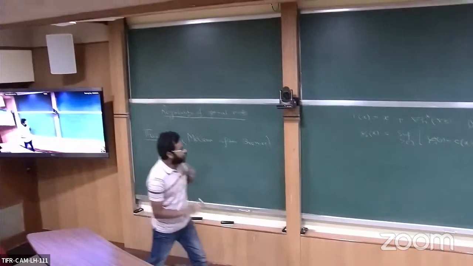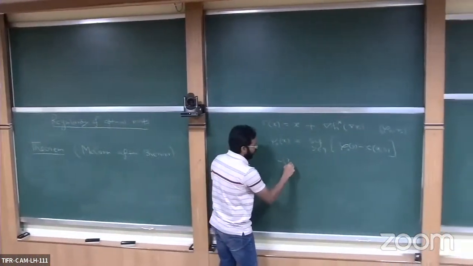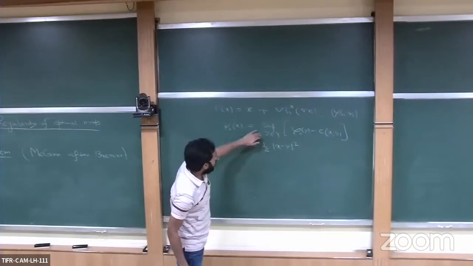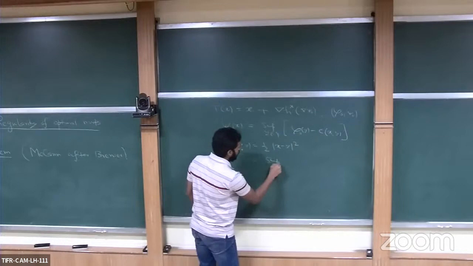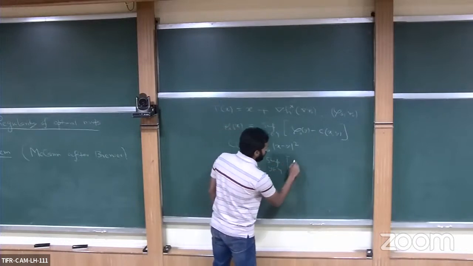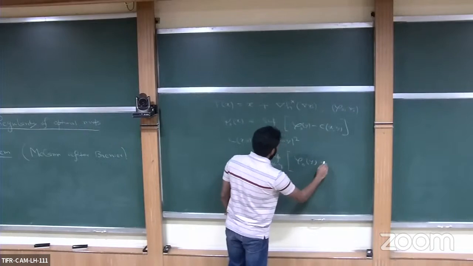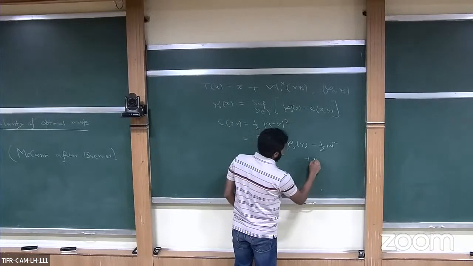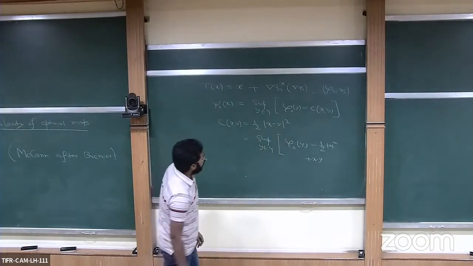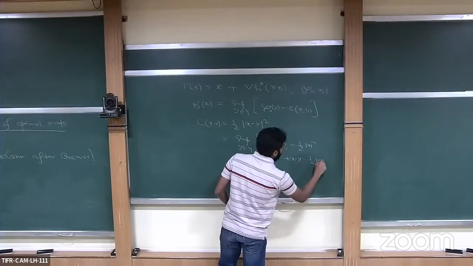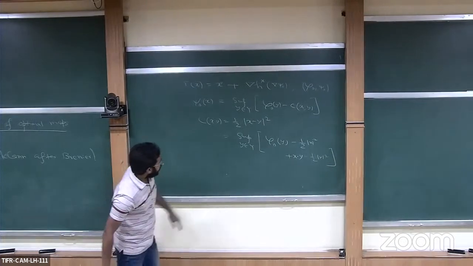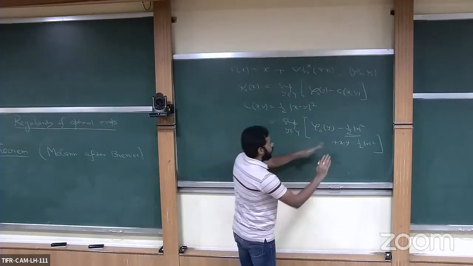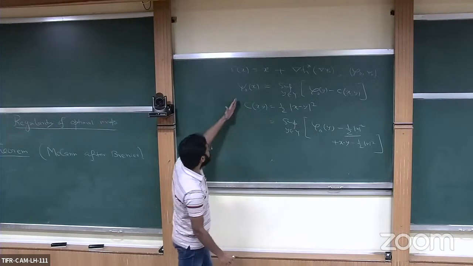Okay, so let us for the moment concentrate on the quadratic cost, minus y squared, and let me simplify this expression a little bit. So this is the supremum over y in capital Y. This quantity becomes minus half x squared, and then plus x dot y, and then minus half y squared. Here the supremum is over y, and this term is independent of y, so I can take it outside the supremum and bring it to the left side.